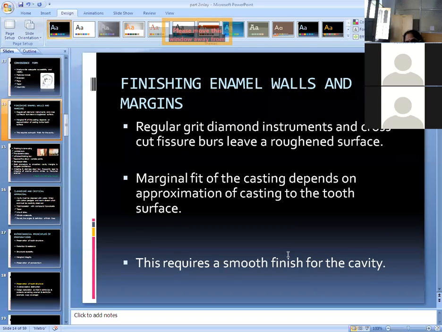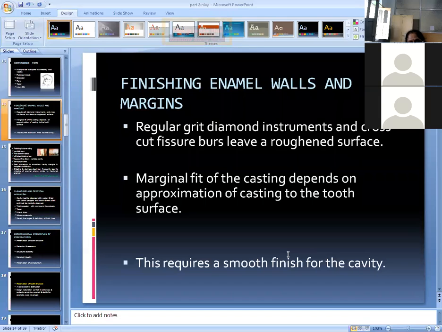Once the cavity is ready, you have to finish the enamel wall and margin. This will be done with a diamond instrument, because for the casting, marginal fit depends on your finishing only.